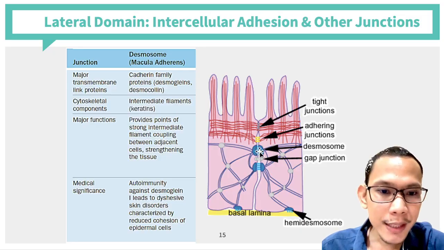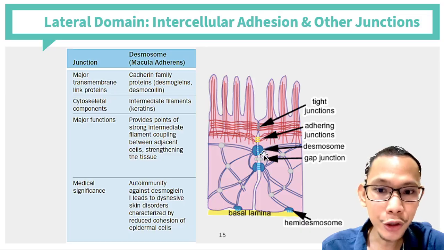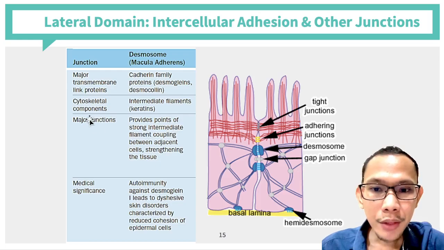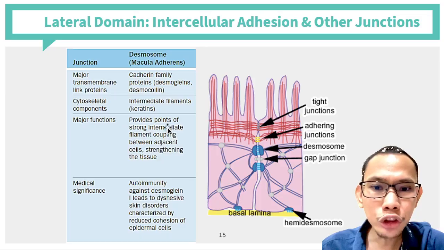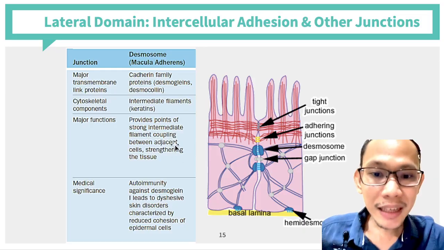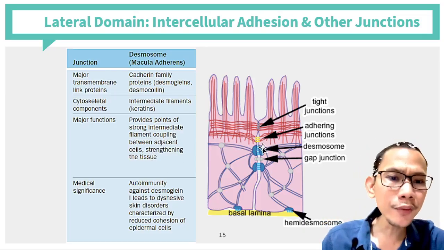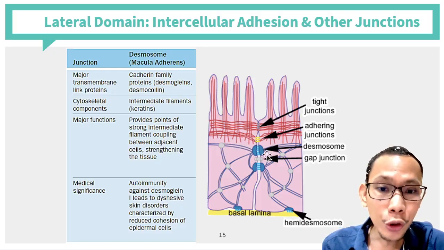Of course, this part here is composed of intermediate filaments or your keratin. Now, what's the function of your desmosome? So again, it will provide now points of strong intermediate filament coupling between adjacent cells. So strengthening the tissue. Almost similar function with your adhering junction. It will also strengthen your tissue.